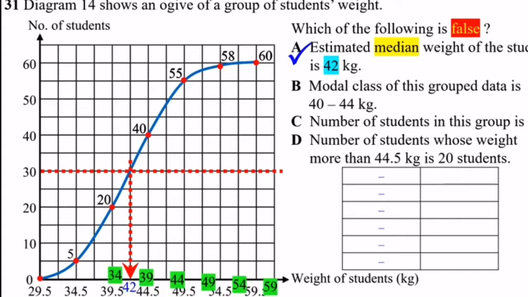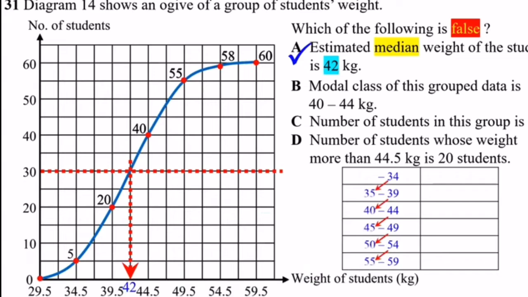So let's see the modal class. We have to convert the lower and upper boundaries to become class intervals. Let's start with the upper limit. I will take 34.5 minus 0.5. By minusing the 0.5, you get 34, 39, 44, and then continue until the last one is 59.